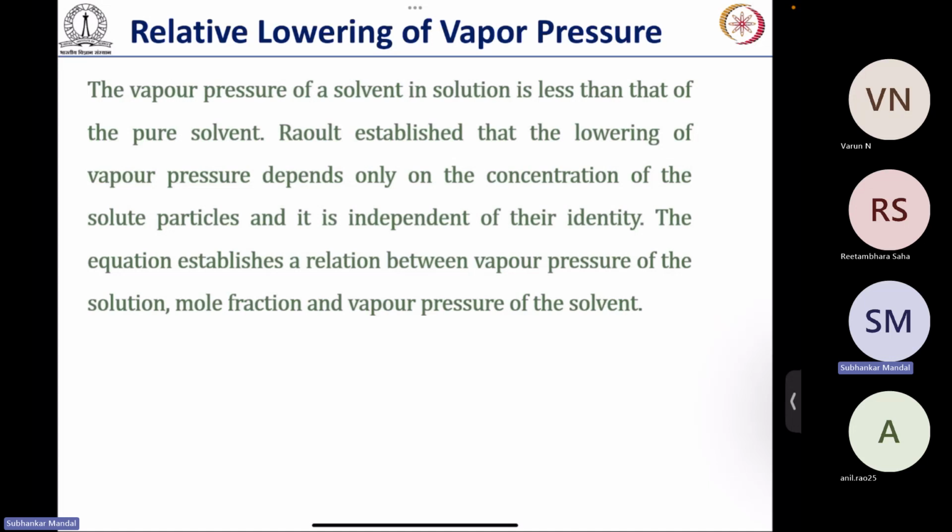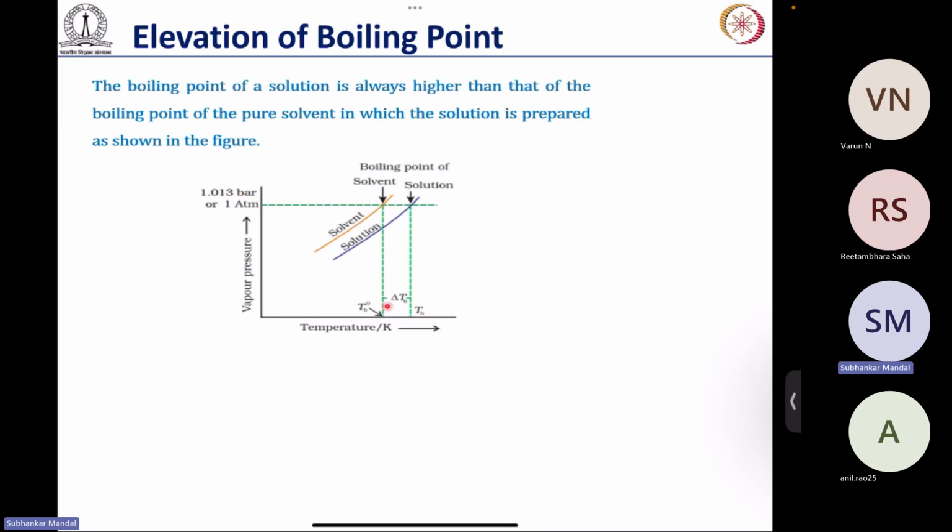So on the surface we have solvent molecules as well as solute molecules. So fewer solvent molecules are going to the vapor phase. For this it lowers the vapor pressure. Okay, so that we have discussed.